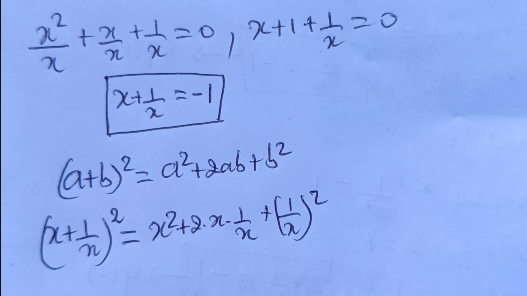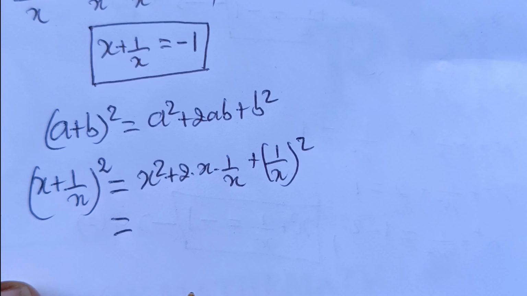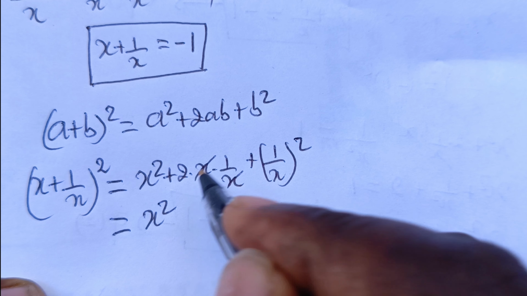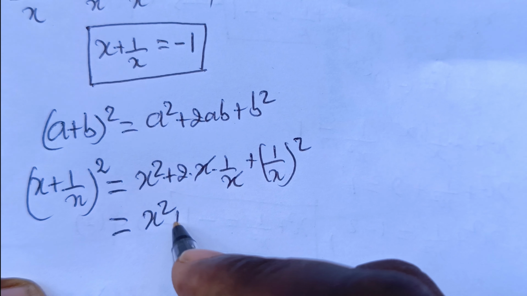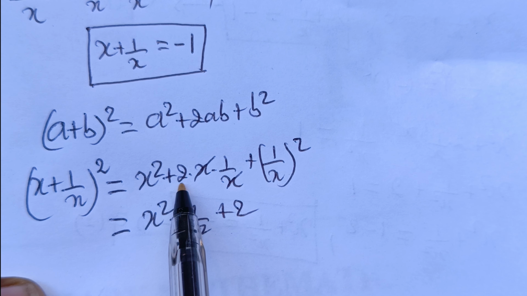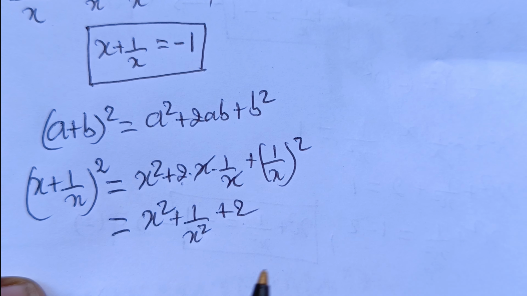Okay, and this will be x squared, we can simplify this, plus 1 over x squared plus 2. Here is 2, guys. That's why I put it here.